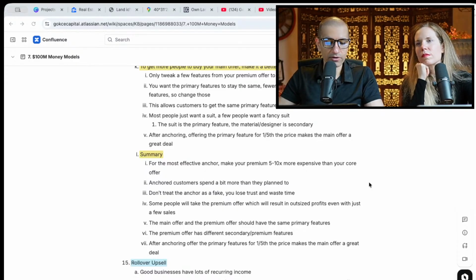The main offer and the premium offer should have the same primary features. The premium offer has different secondary/premium features. After anchoring, offering the primary features for 1/5 the price makes the main offer a great deal.